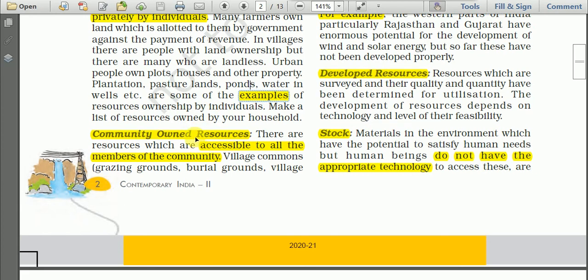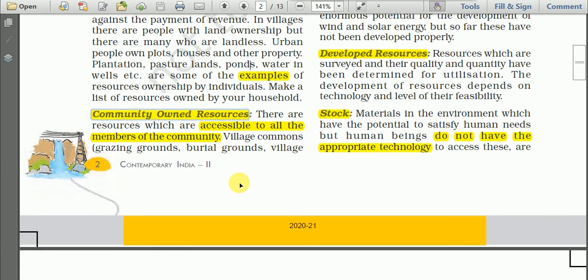Next, we have community owned resources, sometimes also known as common property resources. Community owned resources are the resources which are accessible to all members of the community, all the members of the village. That means nobody owns the resource individually. It is owned collectively by the community, and everybody can use it.